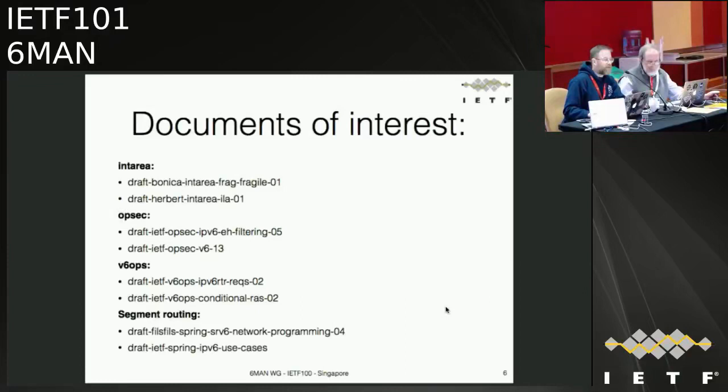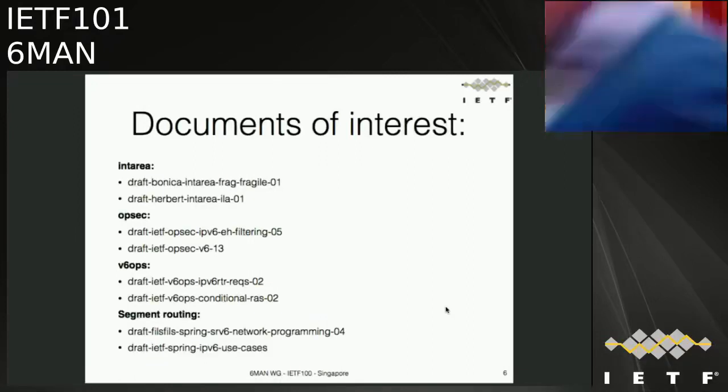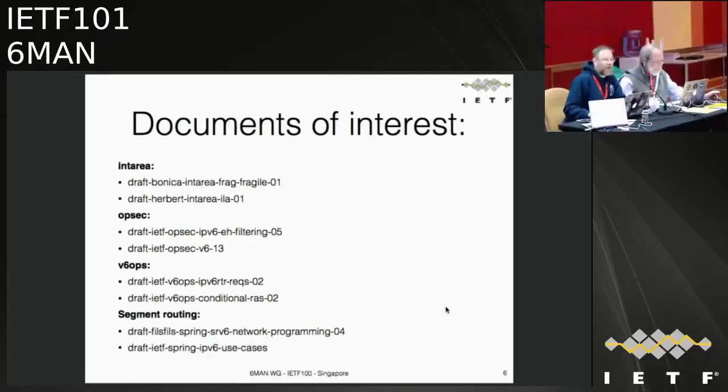Just want to say there is another document in Int area, which is the provisioning domain document, which is heavily linked to IPv6. And that's my phone, sorry, so I cannot speak and shut it down at the same time. So that's also interesting to go to Int area later today. Okay. That was Eric Vyncke, by the way. There is an ILA document also in the Int area.